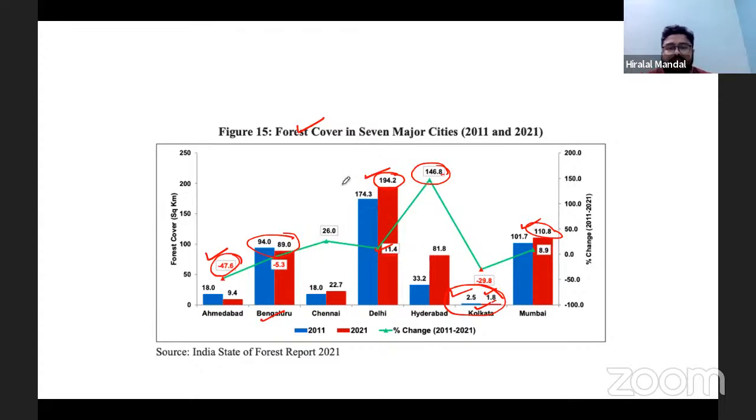But Delhi is performing reasonably well, and the growth is also good. If you look at absolute terms, it has gained more than 20 square kilometers. So that's good, in fact.